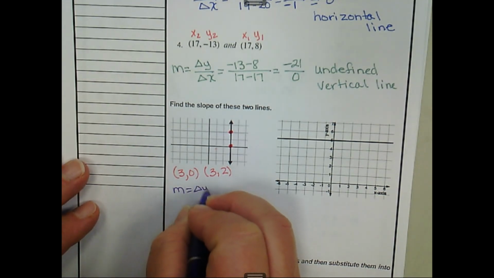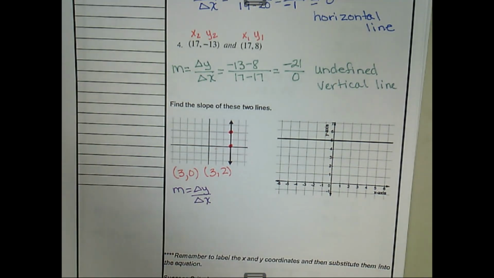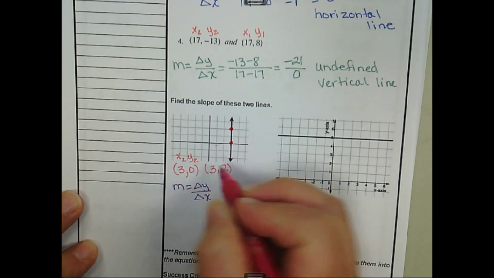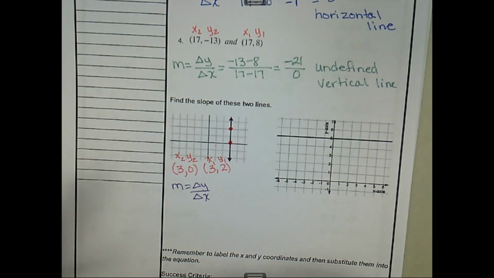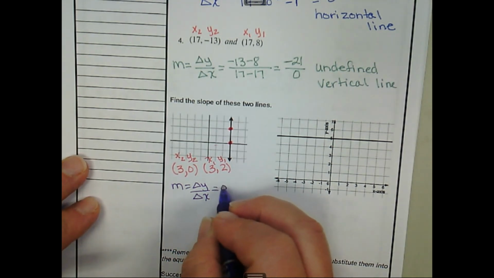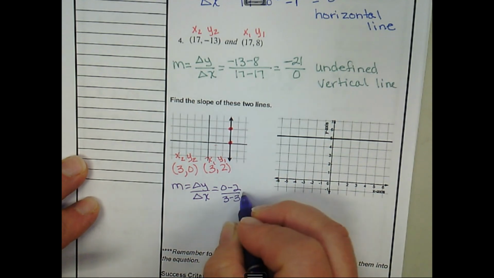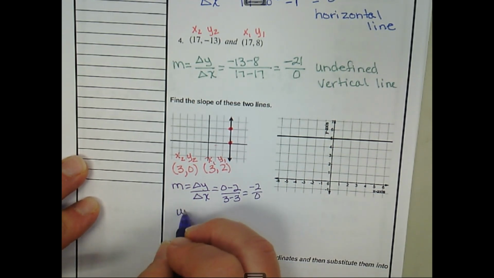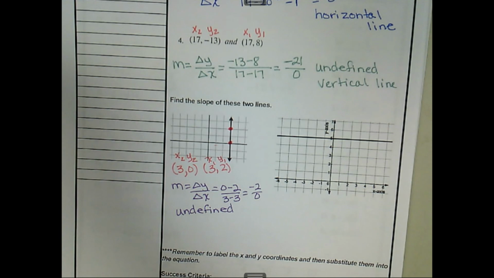The change in y over the change in x. So that gives me 0 minus 2 over 3 minus 3, negative 2 over 0, that is undefined. You cannot divide by 0.